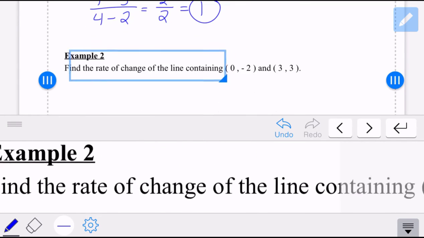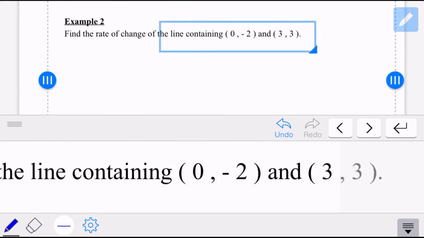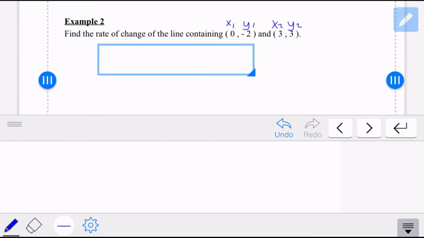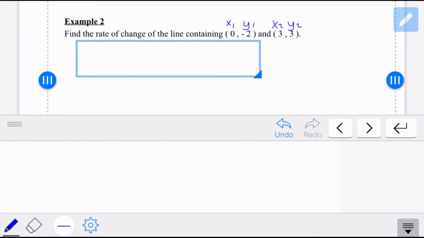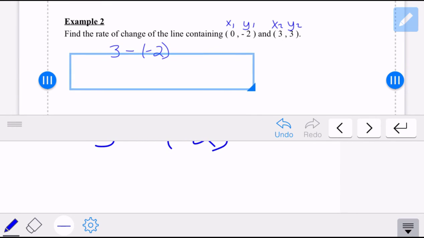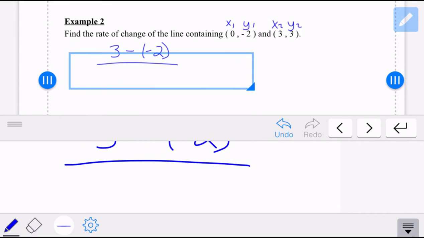Moving on to the next one. This time we've got (0, -2) and (3, 3) as our points. So again, you just need to pick x1, y1, x2, y2, and put that into your formula. So y2 is 3, minus y1 is negative 2. It's going to be helpful to use your parentheses there. Over x2, which is 3 again, minus x1, which is 0.